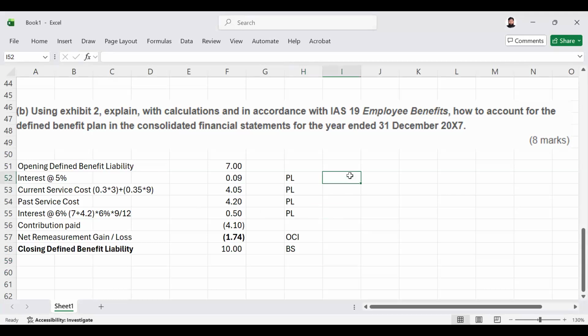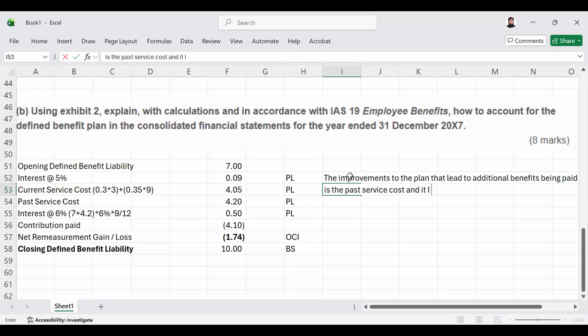Okay, now what we need to do is say that the improvements to the plan that lead to additional benefits being paid is the past service cost, and it is to be recognized in the income statement.